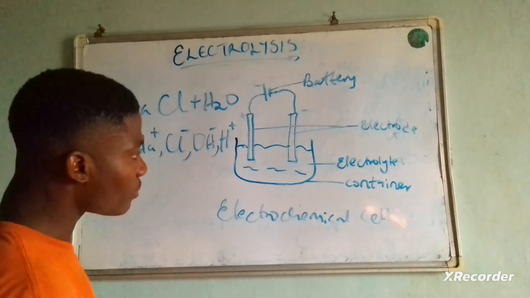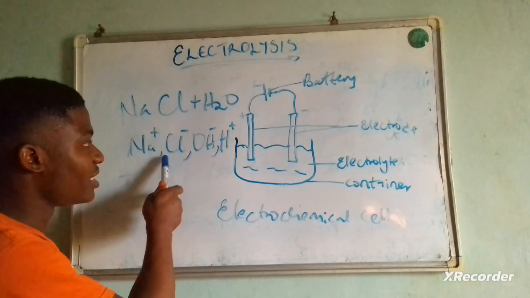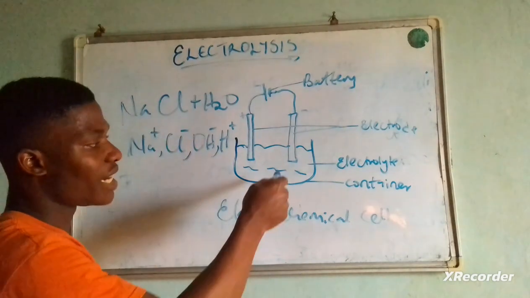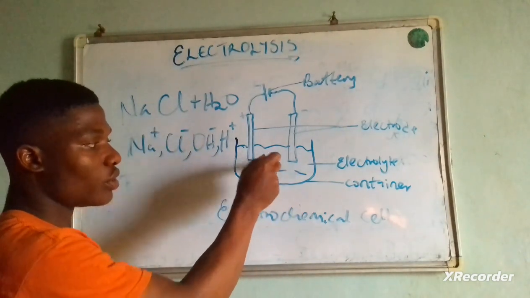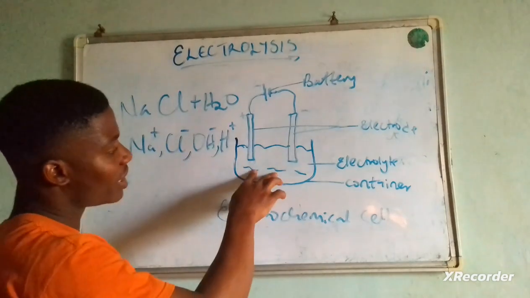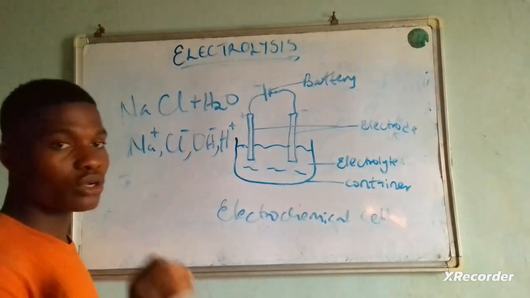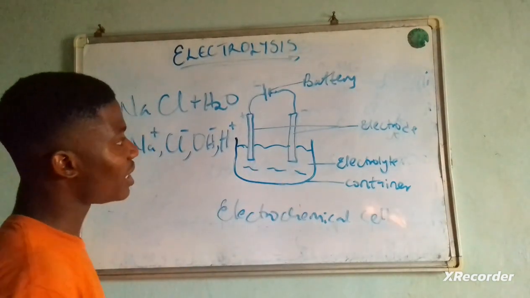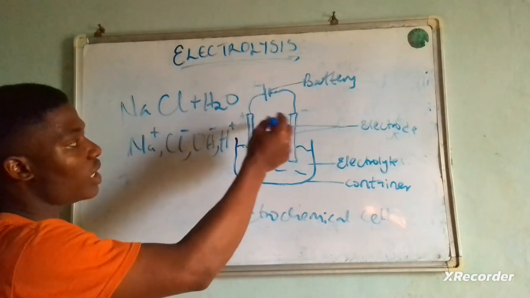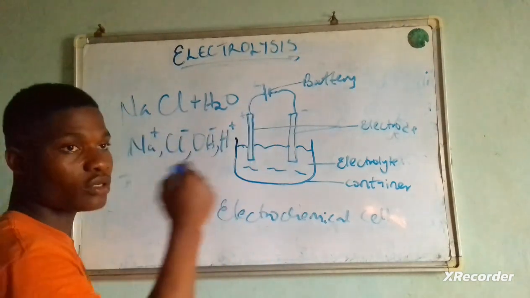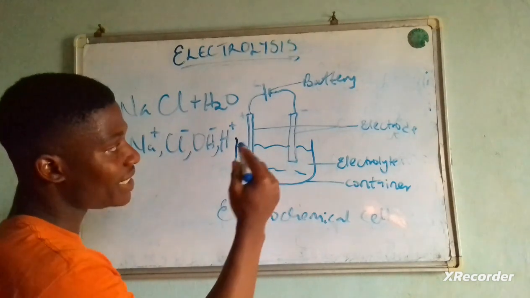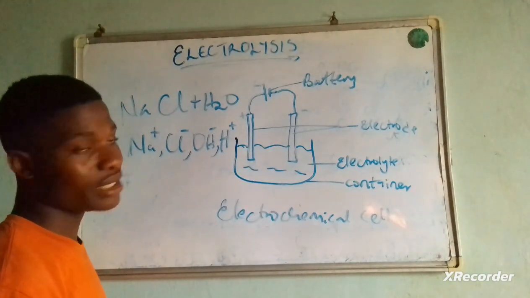So now let's just say we have this as an electrolyte inside this container. Something is going to happen. I told you already that we have two electrodes, and the positive one is called the anode, while the negative one is called the cathode.